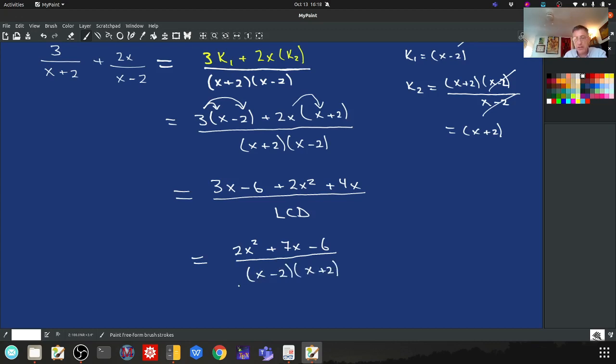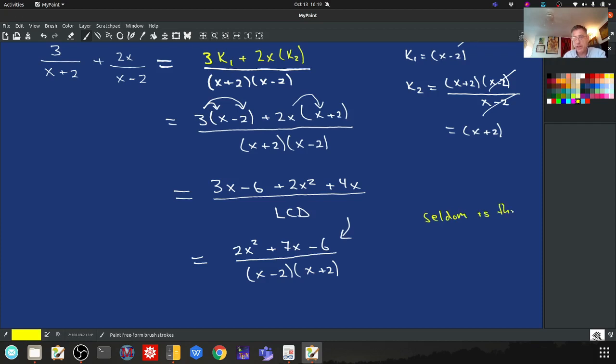Do not ever multiply it out. Always leave it in factored form. Now ideally you would check to see if the top, 2x squared plus 7x minus 6, can be factored.